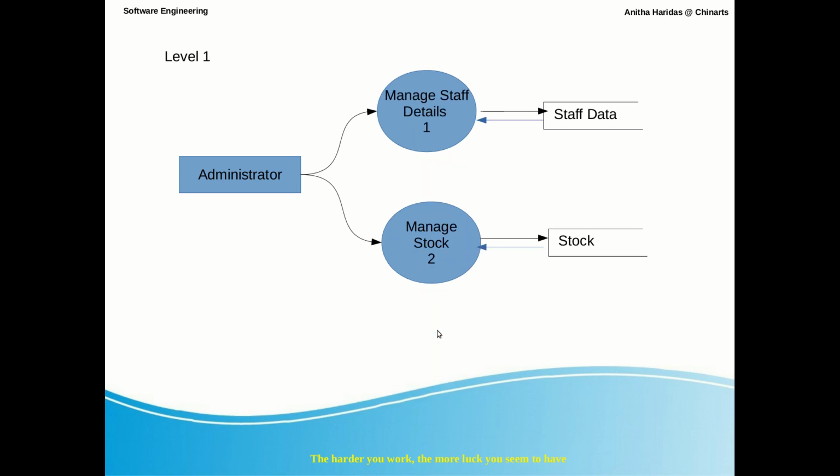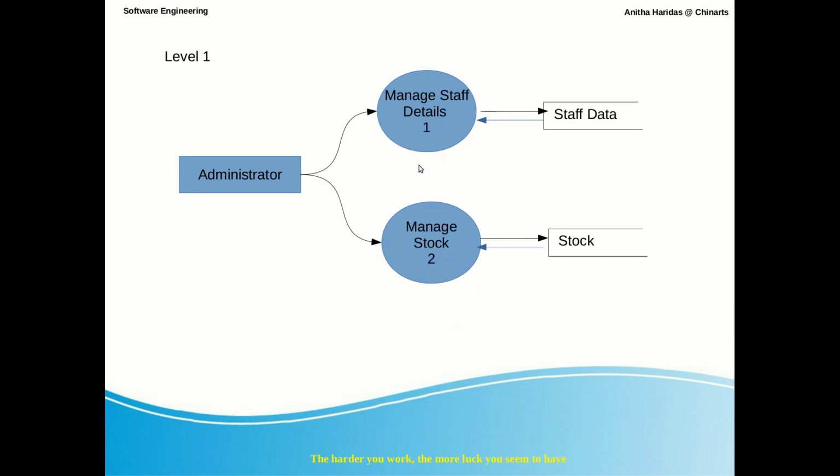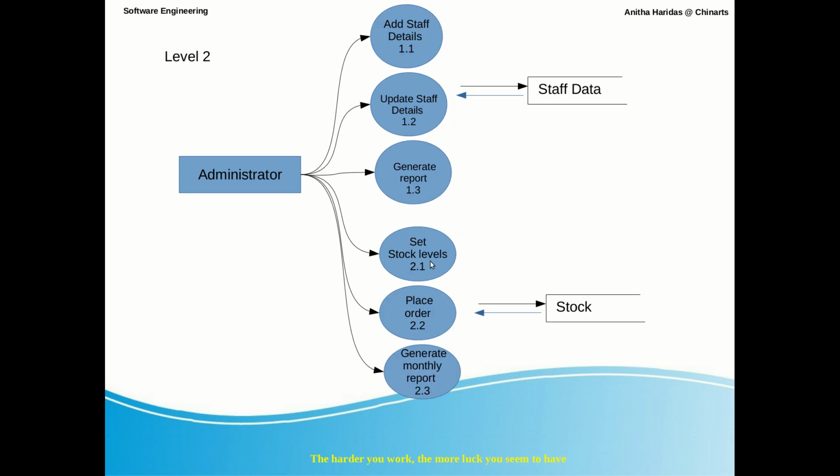So what you have done here, managing staff details is having 3 sub process. 1.1 will be adding the staff details, 1.2 updating it, 1.3 generating the report. In the same way, managing stock level is process 2, which is decomposed into 3 sub-process 2.1, 2.2 and 2.3.